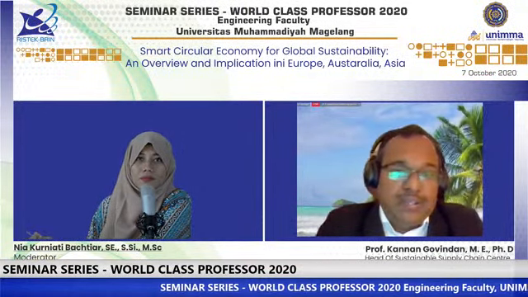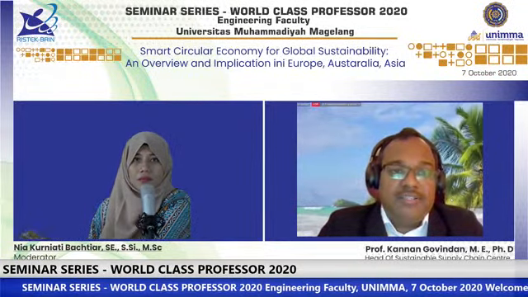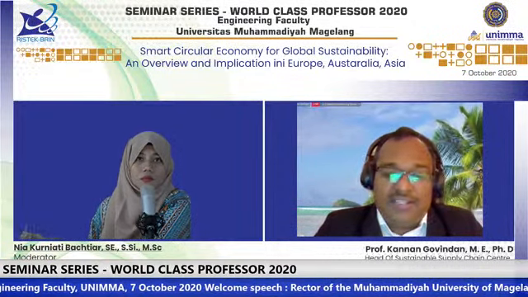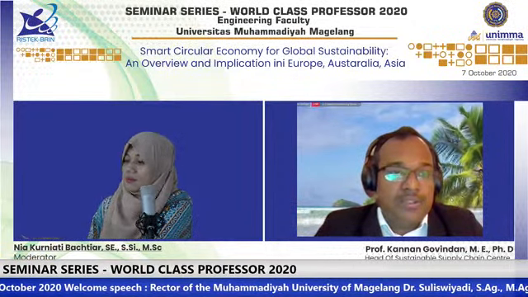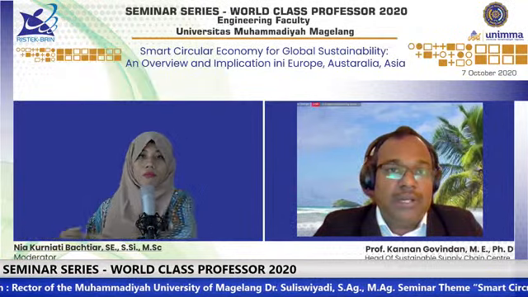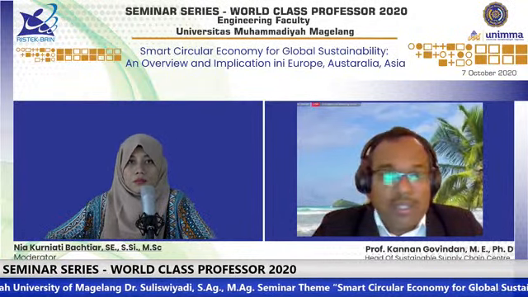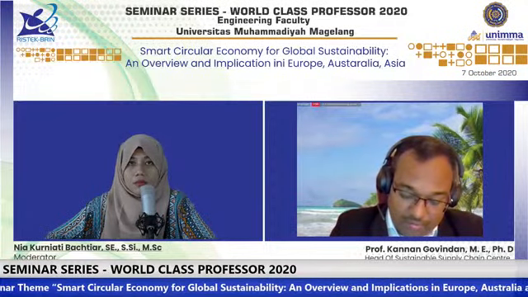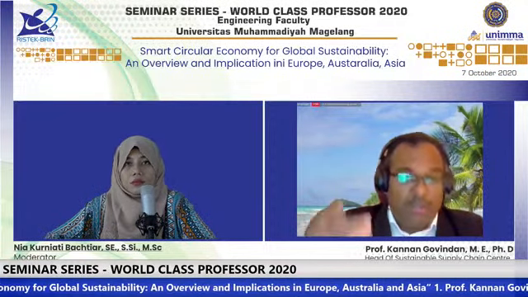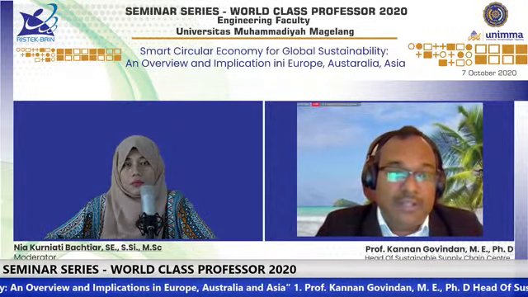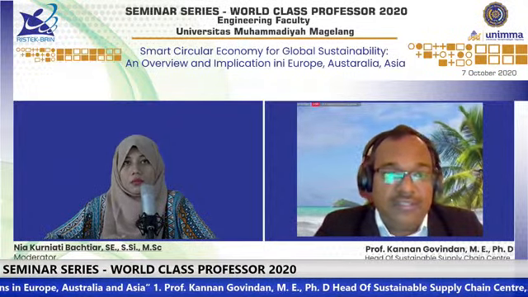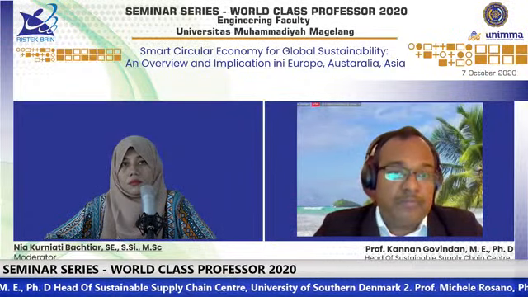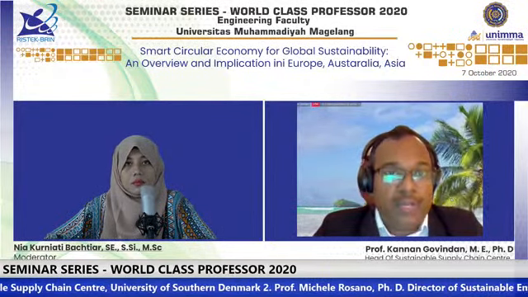Okay, let me go with linear economy and circular economy first. Let's take a classical example of your mobile phone. You have money to buy a mobile phone. Let's take an example of the Apple iPhone. Maybe you started using the iPhone with iPhone 5, 6, and then whenever a new model is introduced, you have enough money to buy the next model.